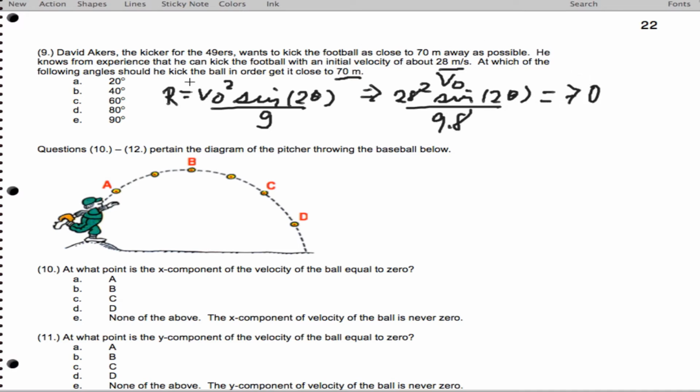Now there is one thing I want to do here. When I simplify all these numbers, I'm going to end up getting the sine of 2 theta is 0.875. So the first thing I need to do is the inverse sine of 0.875. Let me just go ahead and do that.